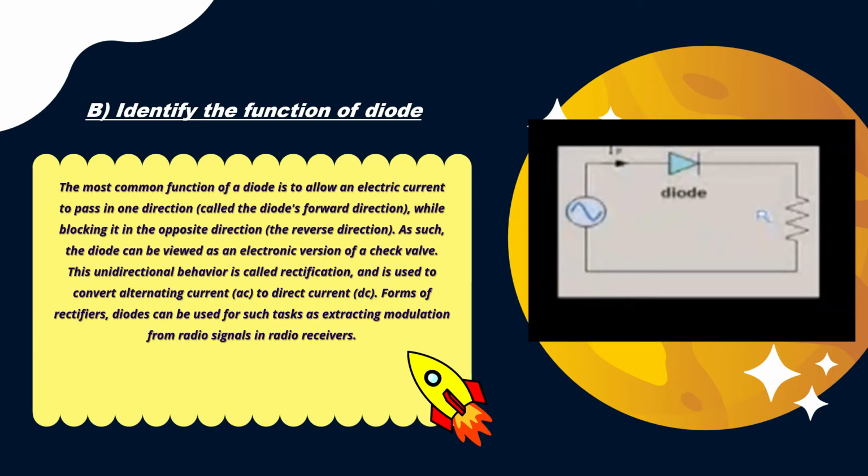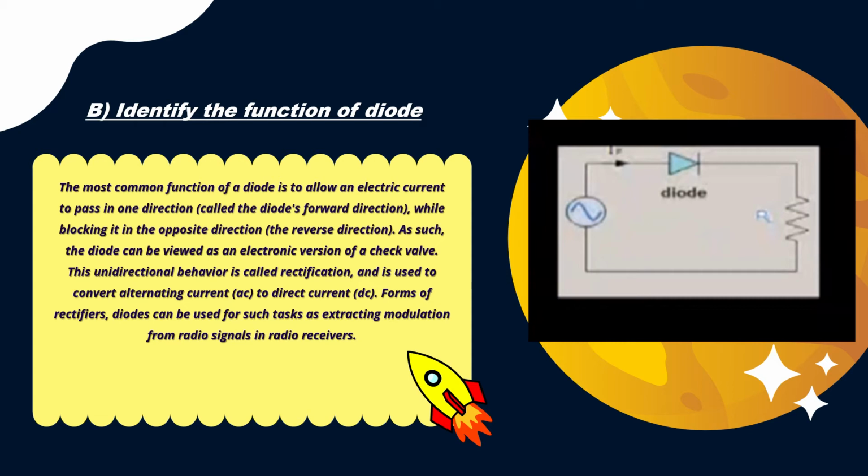Next question, B. Identify the function of a diode. From this picture, the most common function of a diode is to allow an electric current to pass in one direction, called the diode's forward direction, while blocking it in the opposite direction, the reverse direction. As such, the diode can be viewed as an electronic version of a check valve.